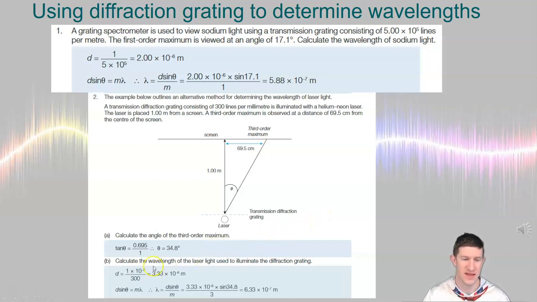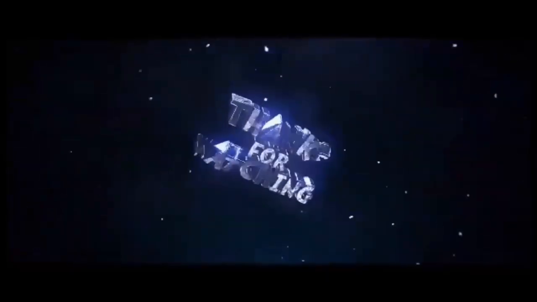Calculate the wavelength. Now that I know my theta, I can use my d sine theta. I need the d first, so I plug that into d sine theta equals m lambda. And in this case, choose which maxima you want. We're using third order, or you can use first order. You're going to get your wavelength.